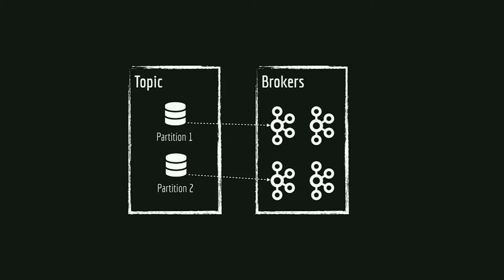Kafka works in a very simplistic way, we can say. So you have topics. Each topic has partitions, and it works as an append-only log. So you cannot modify the history in Kafka. You just add data there.